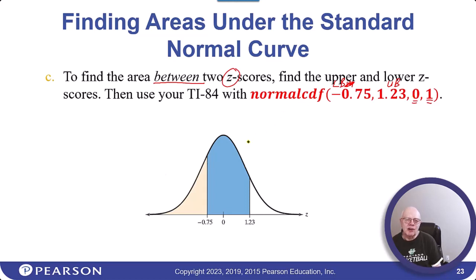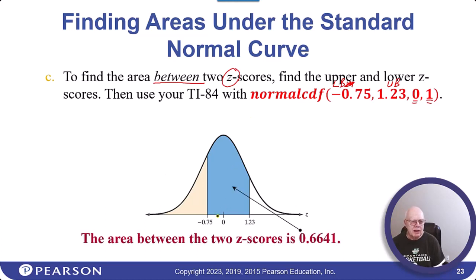Now I can't really tell exactly whether it's going to be above or below 0.5, but it's going to be a fair amount. So I don't expect it to be too small. I don't expect it to be too big. That's about the best we can do. The area between the two scores, here's our setup.